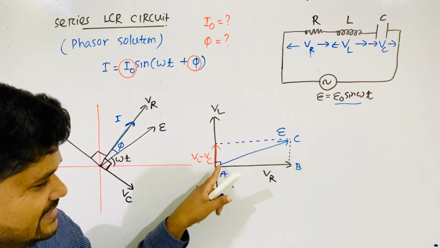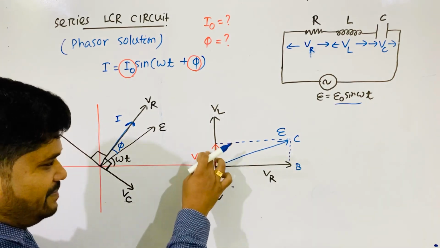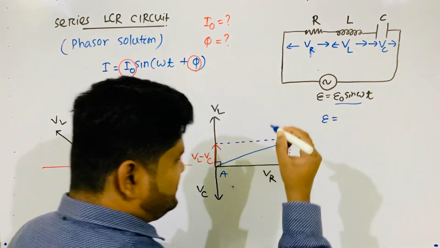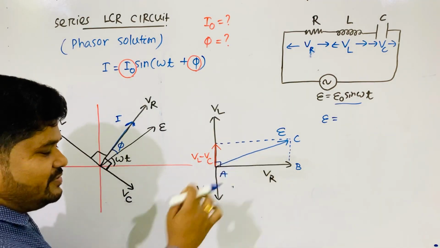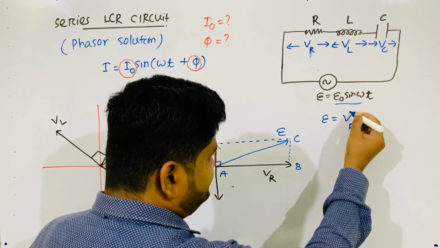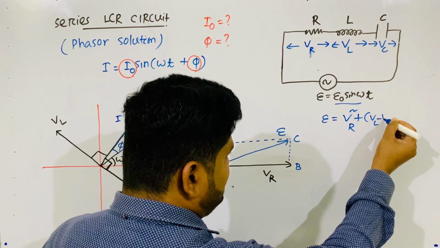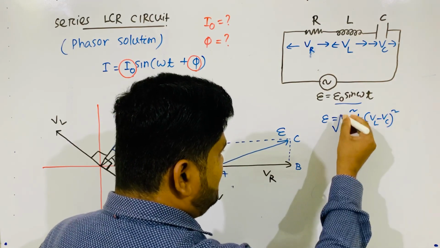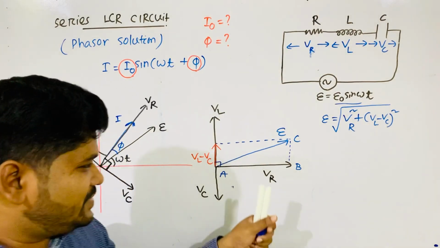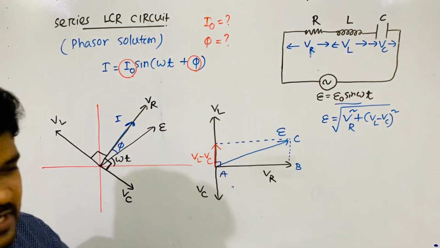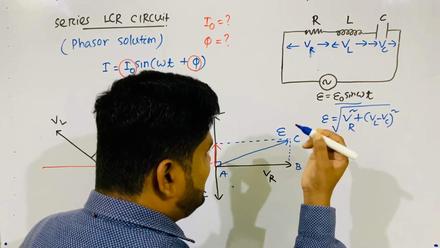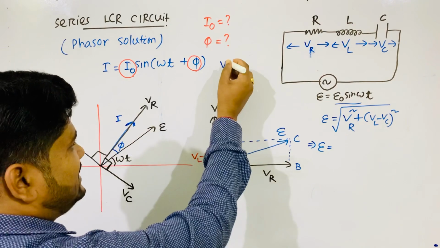So how will we find this resultant EMF? Because they are perpendicular to each other, we use the simple triangle law. E, the resultant voltage, is equal to the square root of VR squared plus (VL minus VC) whole squared. What is the expression of VR?